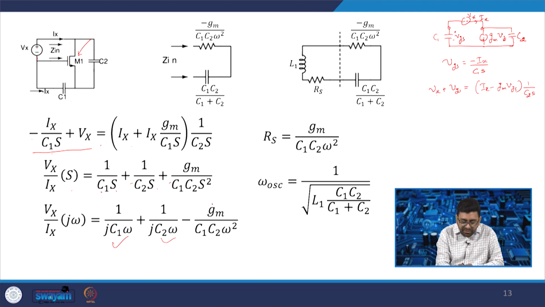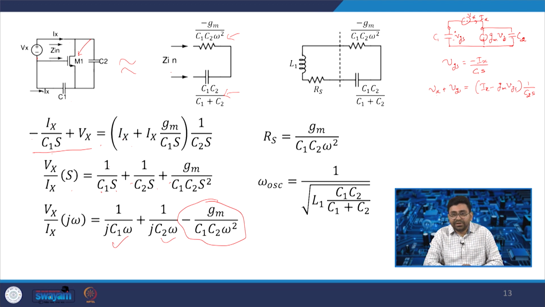So, this is what we want: a negative resistance that depends on the Gm of the MOSFET M1. So, your input impedance Z in, if you see the equivalent circuit, has a negative resistance and a capacitor which is a combination of C1 and C2, C1 C2 by C1 plus C2.